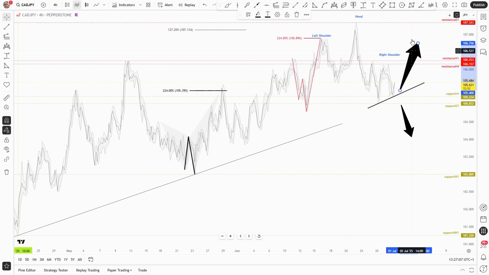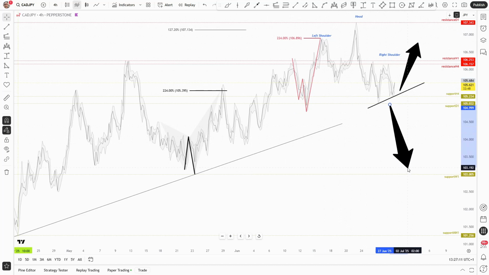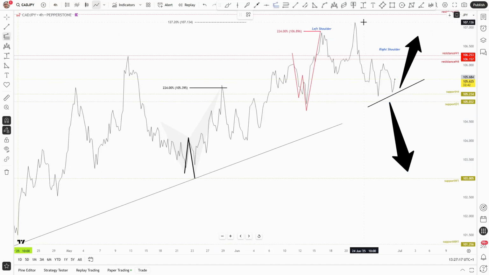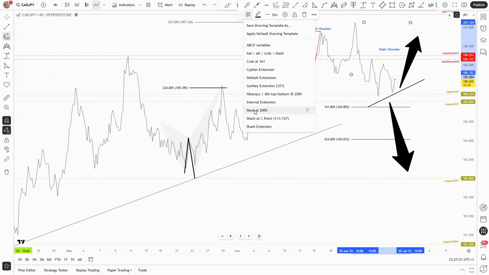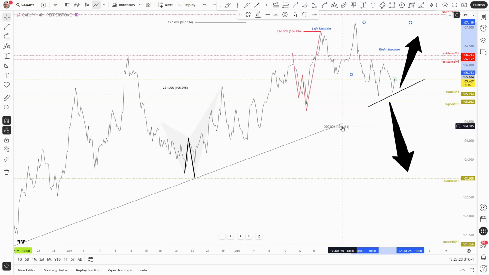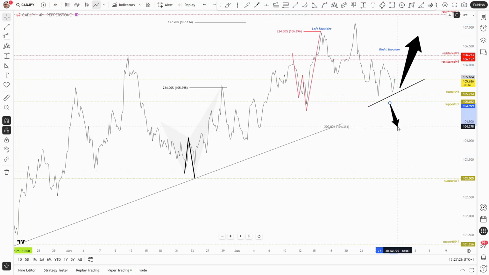Because this is a reversal price behavior, if the price breaks a support, we will see a potential move to the downside, a significant move to the downside. You can already measure the potential move towards the 200% Fibonacci level. That points to 104.36. Actually, let me rephrase this.